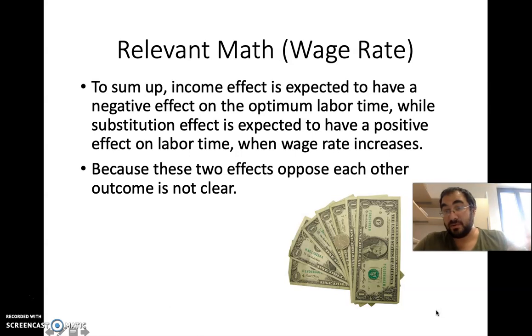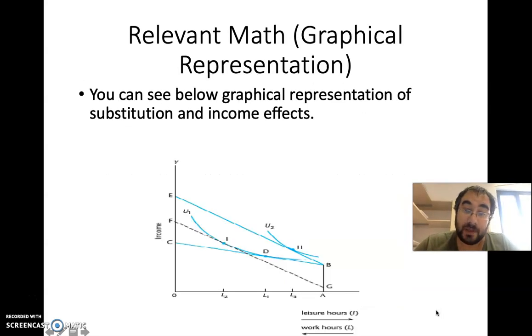In other words, if you express it in more human terms, now you can earn more, so you might be more motivated to work a longer time. How can we represent these two effects graphically? You might think the method is imperfect, and that's okay.